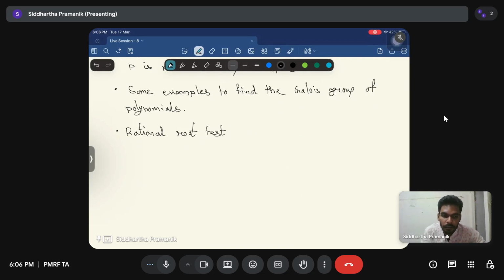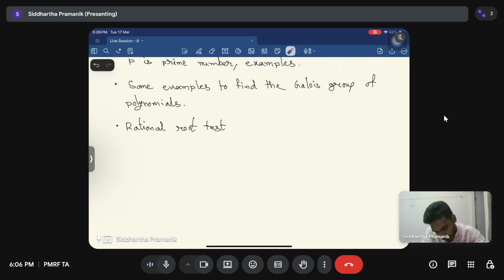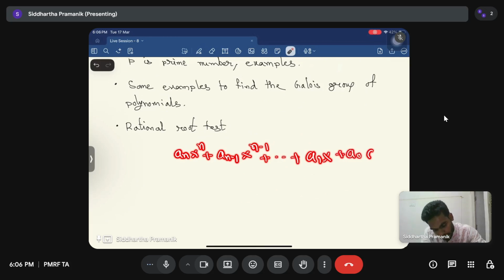So if you have a polynomial a_n x^n plus a_{n-1} x^{n-1} plus so on, a_1 x plus a_0 belongs to Z[x], then you want to check if the rational number p/q is a root of this polynomial f(x) or not.